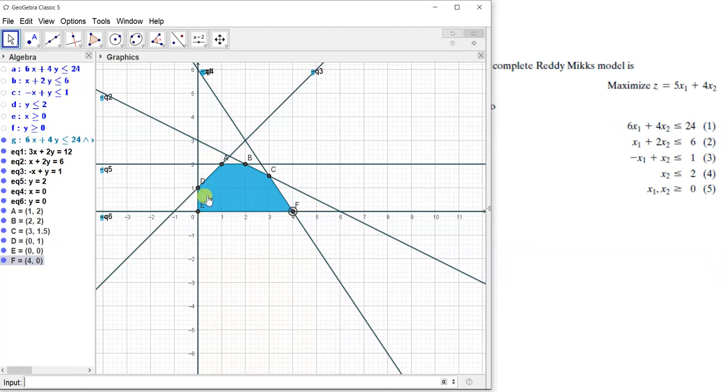Okay, and we're done. So the next target is to find the maximum value, the value of the objective function at all these corner points, because we know that the optimal solution lies on the corner points.